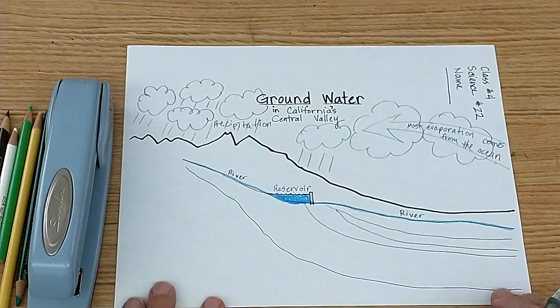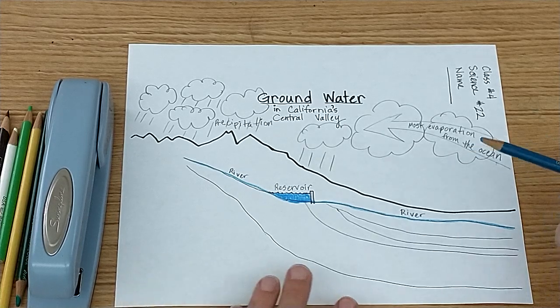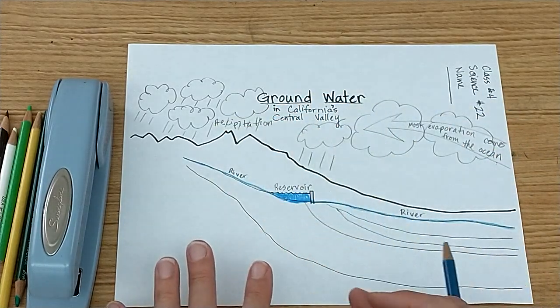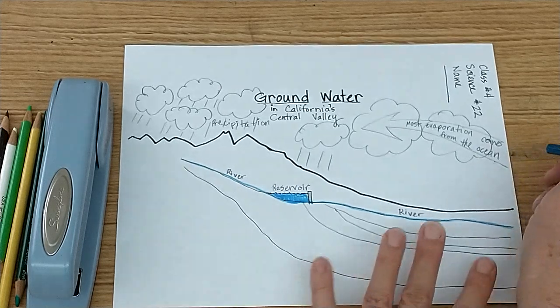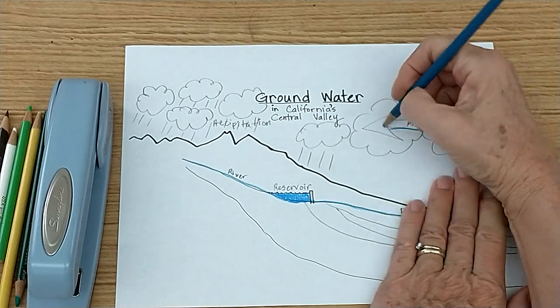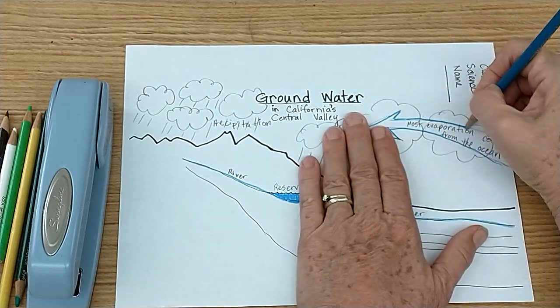So that's the beginning of our water cycle. So let's take our blue pencil, and we're going to go forward through our water cycle. Let's take this arrow here and make it blue. You don't have to color it in, just outline it blue.